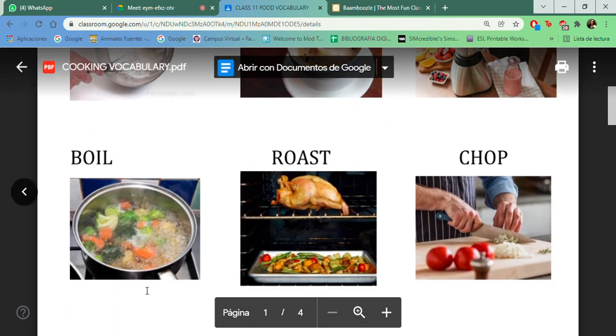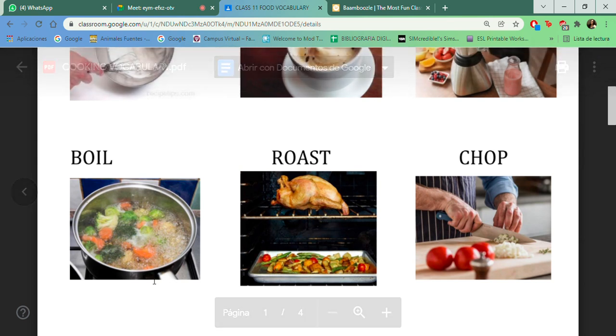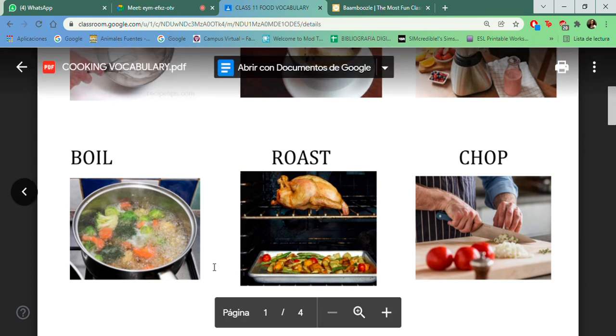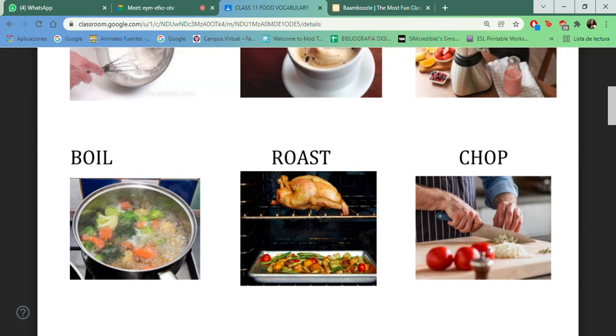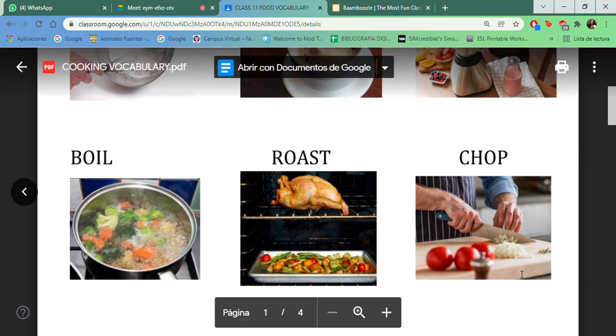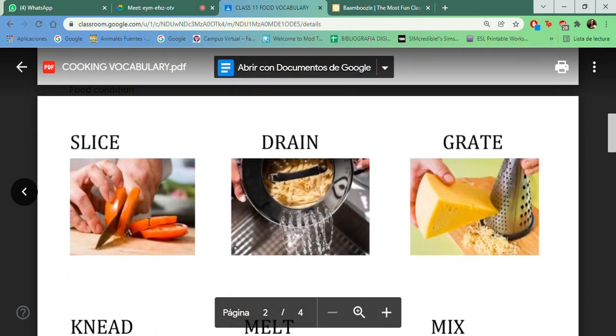Boil, in a pot. Most of the times we boil in a pot some vegetables, for example. This is called roast. Chop would be to cut into small pieces. This is a cutting board or a chopping board, okay, where you cut or chop. As well, you can do this, slice.